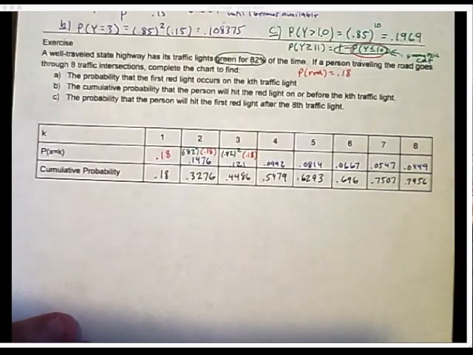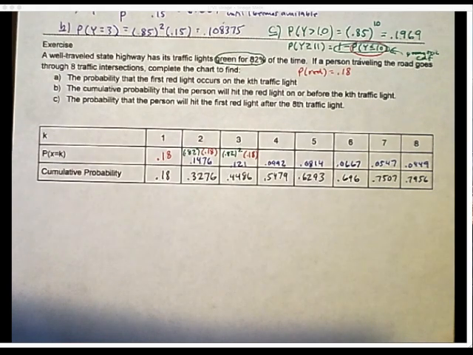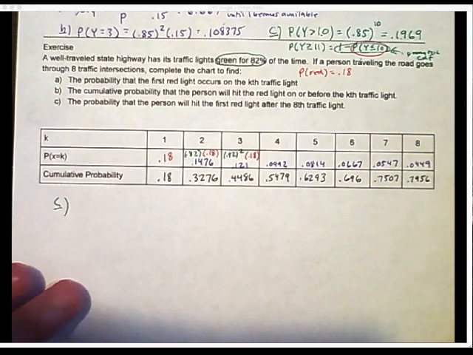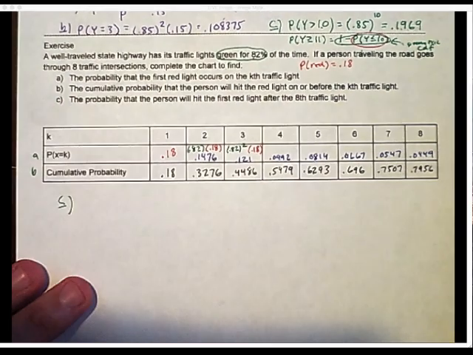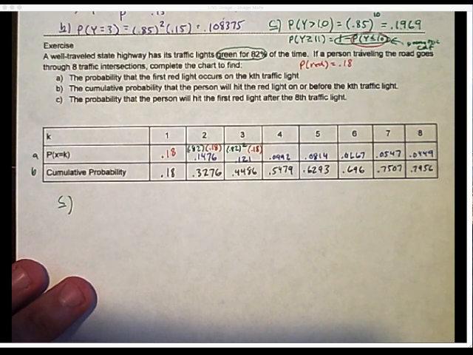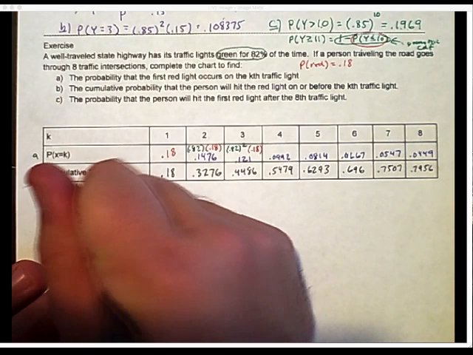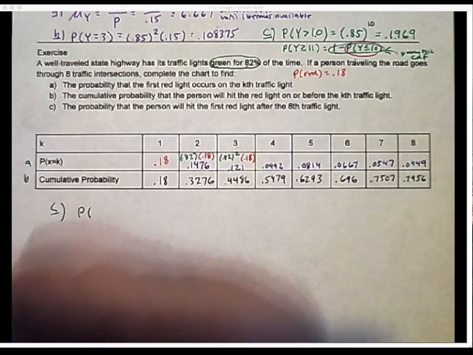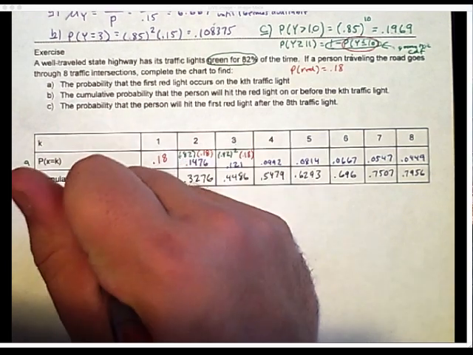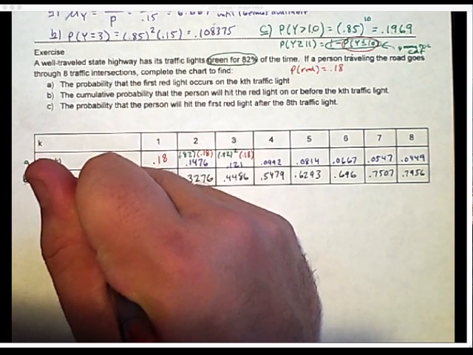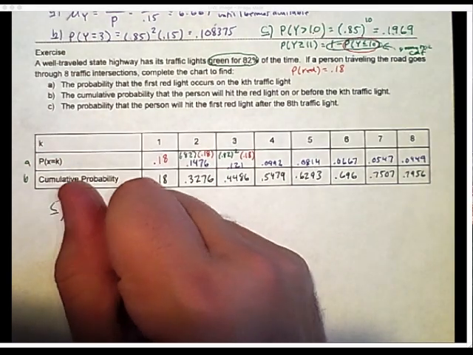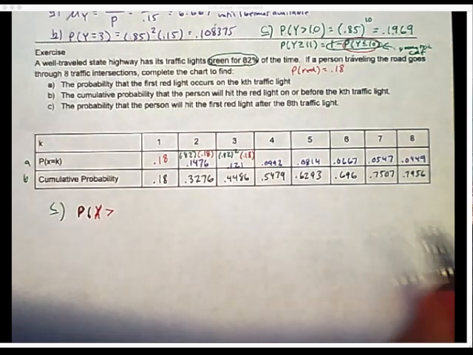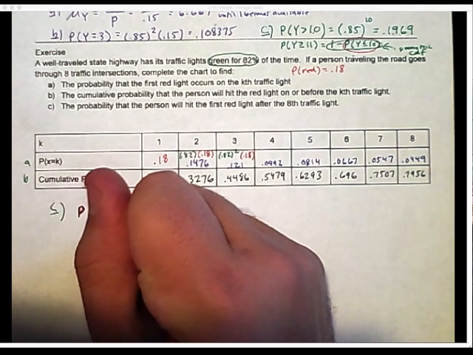Okay. So let's answer this question. All right, we can do C two ways. All right. So this was part A, that was part B. The probability that the person will hit the first red light after the 8th traffic light. All right. So what's the probability that this distribution, we'll just call it X, happens after, which means greater than, the 8th traffic light?